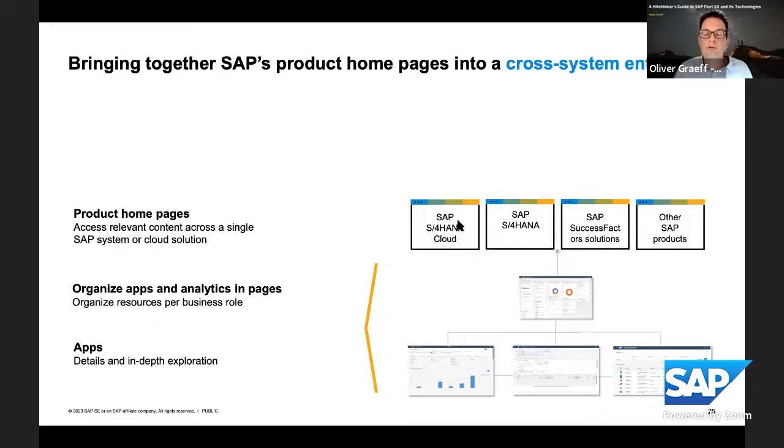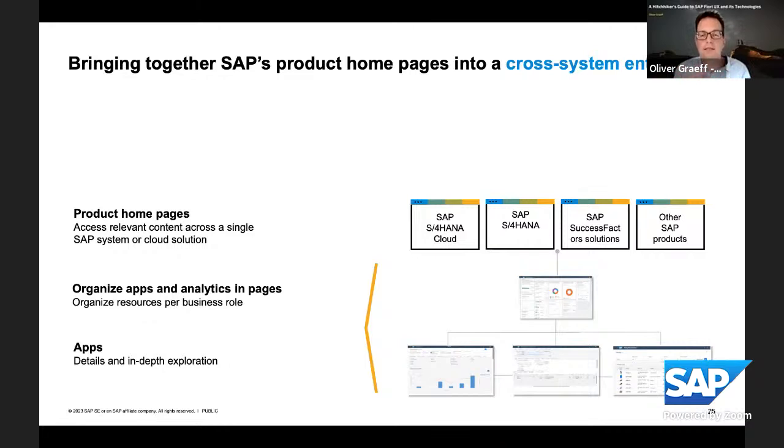Those solutions should have, or actually have, a homepage. Of course, it comes with an out-of-the-box homepage you can use to launch the applications of this product, of S/4HANA Cloud, or of SuccessFactors, and so on.